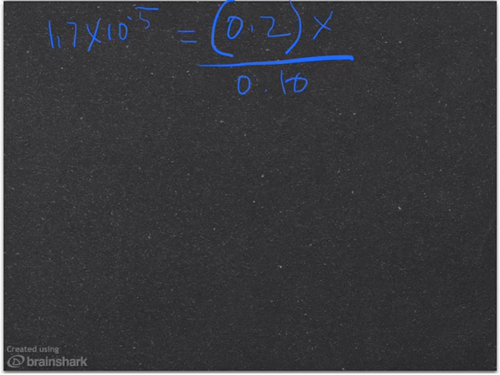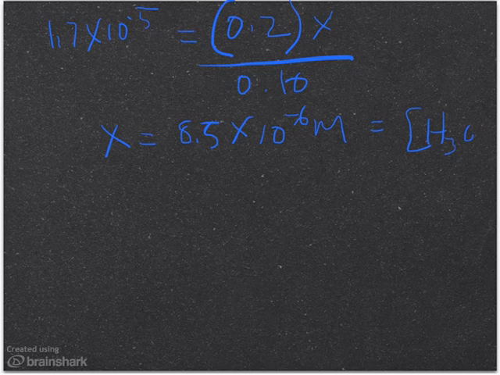So if you do out this math, you end up with an x of 8.5 times 10 to the negative 6, which happens to be what the H3O plus is going to be equal to. Because of that, we can easily take the pH by just taking the negative log of H3O plus, and so you end up with 5.07.